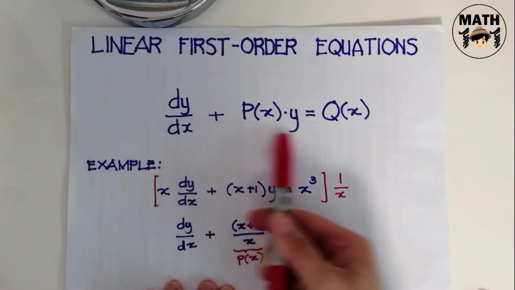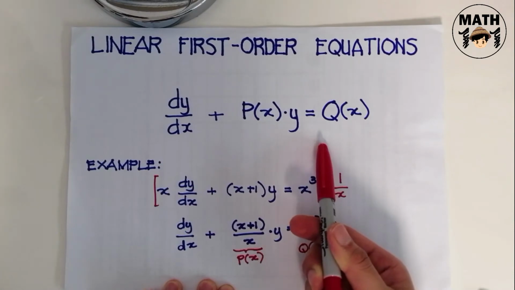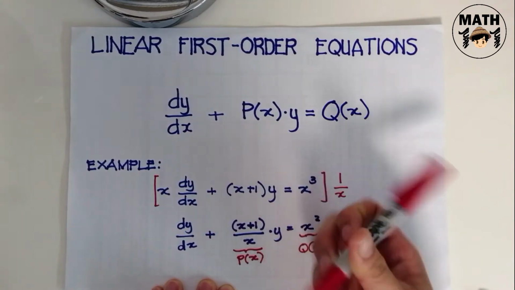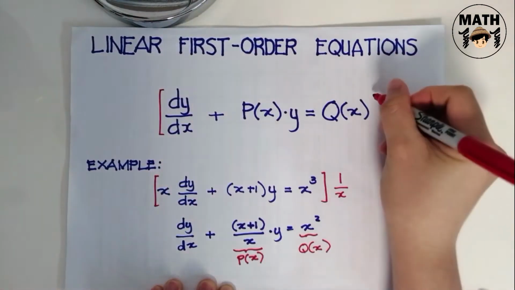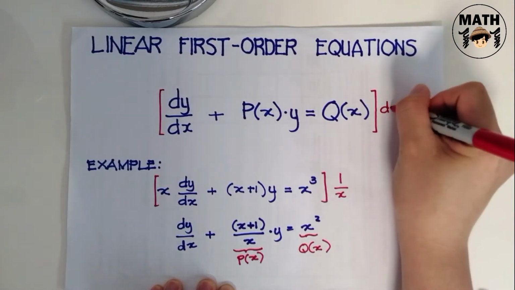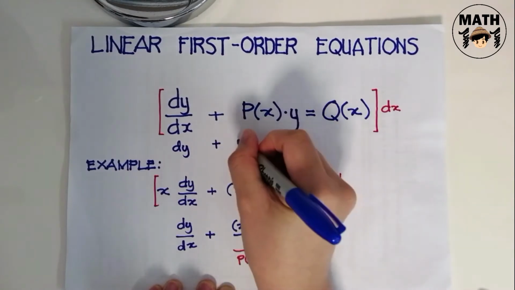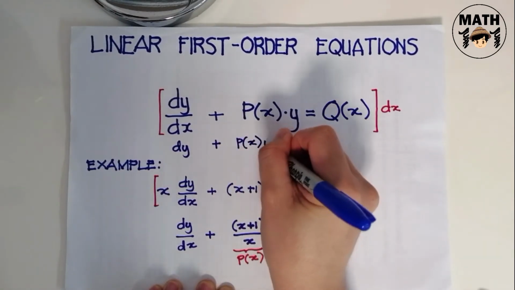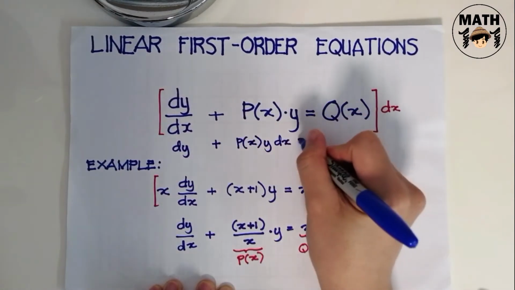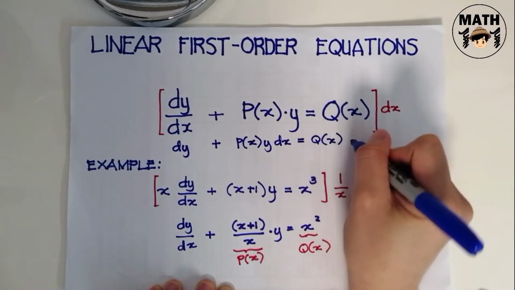Let us try to rewrite this equation in the form na M dx plus N dy equals 0. Multiply natin yung whole equation by dx. We'll have derivative of y plus p as a function of x times y, derivative of x, equals q as a function of x dx.